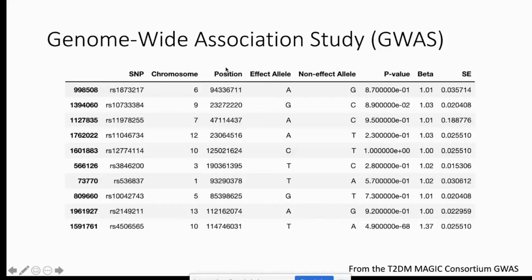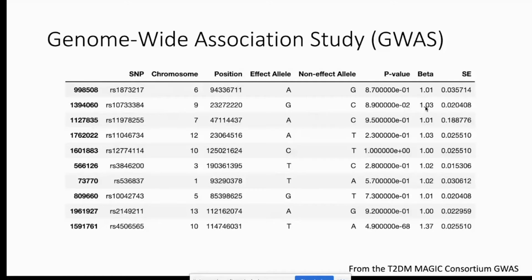This is summary data from the genome-wide association study. I've only taken 10 examples from that study, but I think there's something like 2 million different SNPs, so it's quite a large file, and this is the outcome of that study. It shows the association between various genetic variants called SNPs, and the beta is the strength of that association.